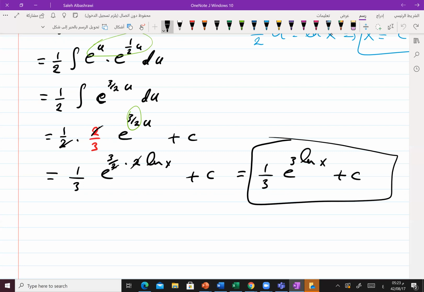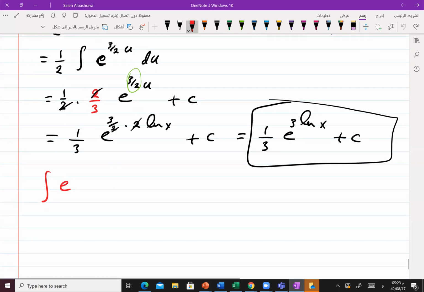Now this is if we use the u substitution. But there is another way which is easier than this one. Let's go back to the problem. I have in my question e to power 2 ln x dx. Now if we use the properties of the logarithmic function, this will be e to power ln x squared.